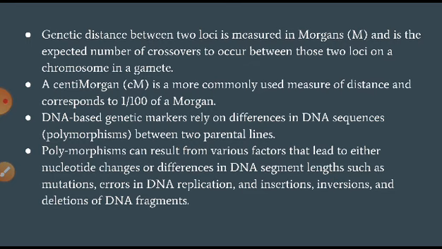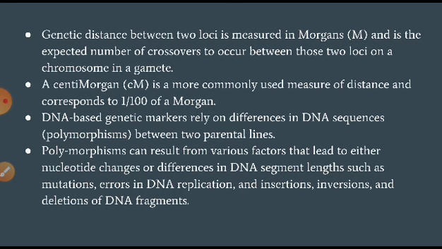Like I have given you an example, gene A and gene B present in one chromosome. So you can see how many places the crossing over can happen, right? Another unit is the centimorgan, which is a more commonly used measure of distance and corresponds to 1/100 of a Morgan.